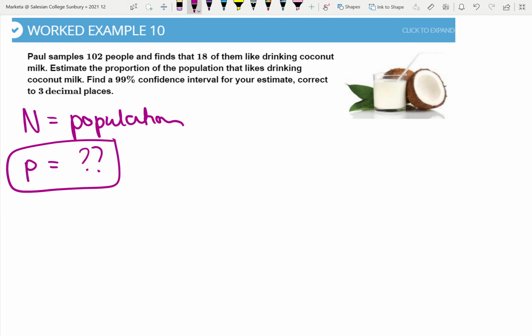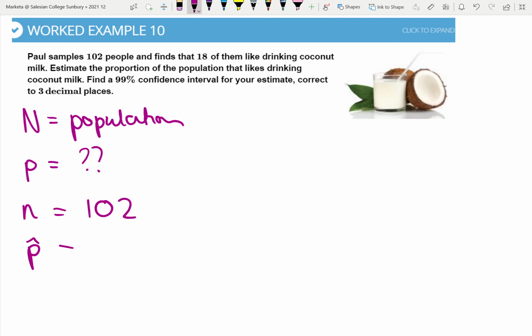That's our goal. What we have is a sample, so a little n of 102 people, and a sample proportion of 18 of them out of 102 who like drinking coconut milk. If we decimalize that, it is 0.18. Now we can go about doing a 99% confidence interval.